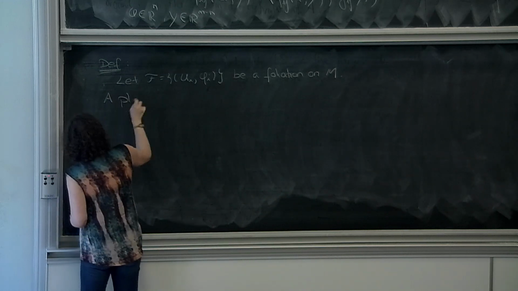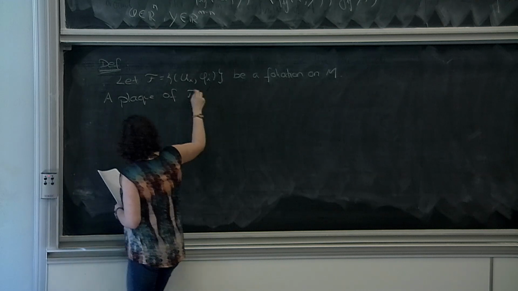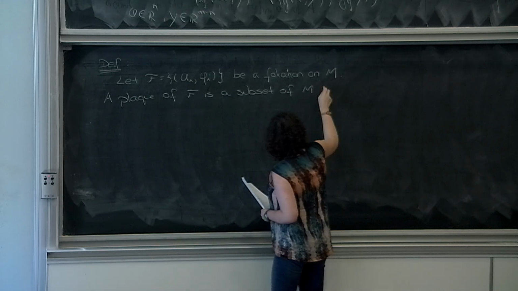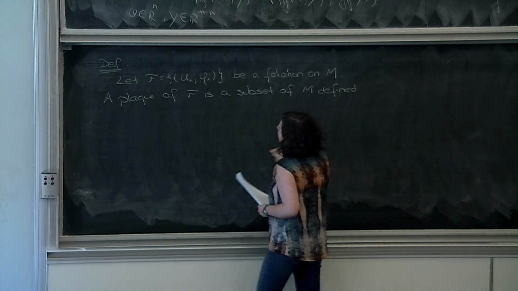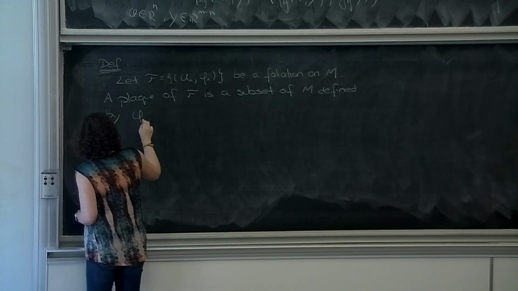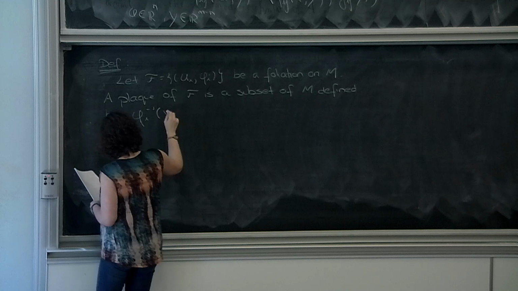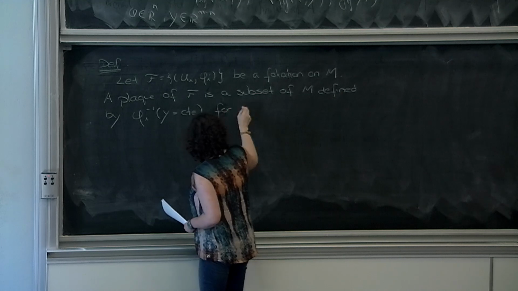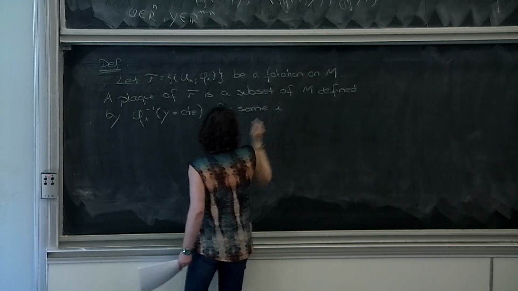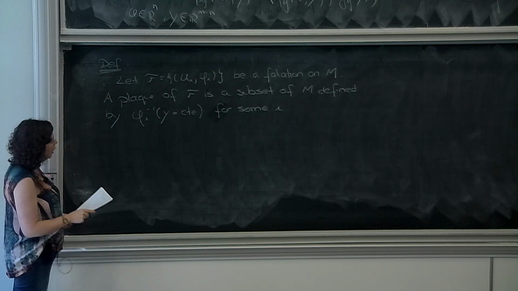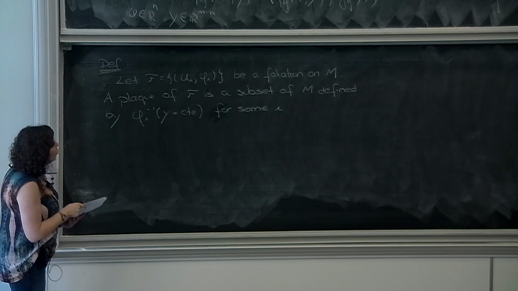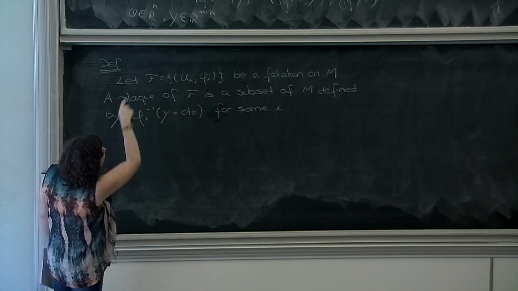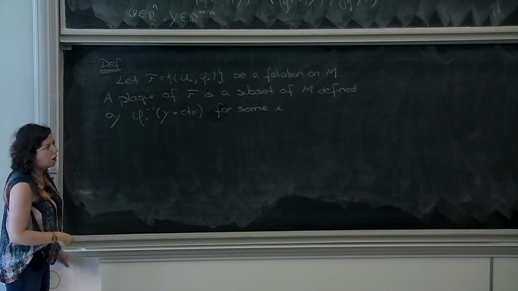So a plaque of F is a subset of M defined by phi_i minus y, y equal to constant for some i. So we are defining plaques only on one of these open sets on the open cover of M.